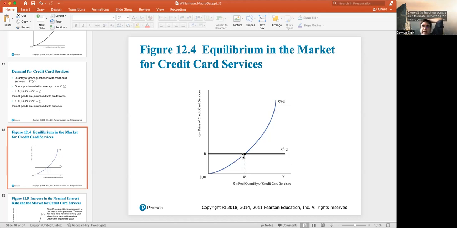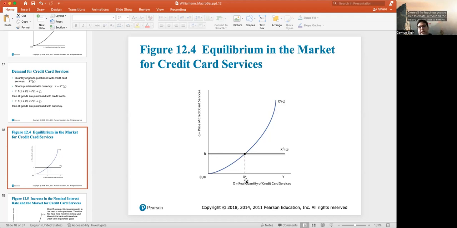So that is why XD of Q equal to R is our horizontal demand line. Okay, that is horizontal because here X is simply equal to R. XD of Q is equal to R, and the equilibrium happens to be there.